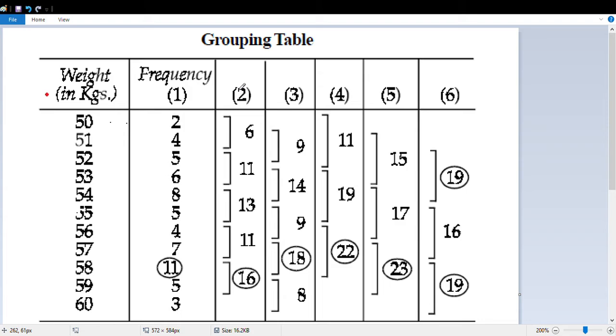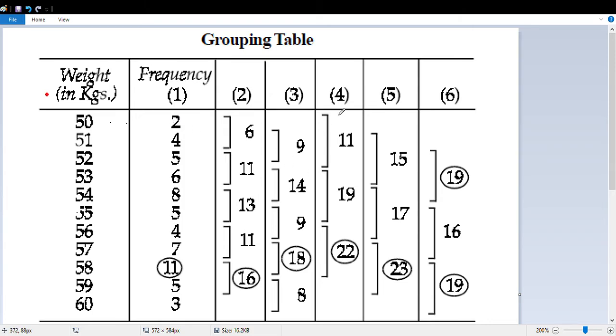Column number 2 contains frequencies summed up in 2's from the beginning, that is 2 plus 4 is 6, 5 plus 6 is 11. Column number 3 contains frequencies summed up in 2's by leaving the first frequency.